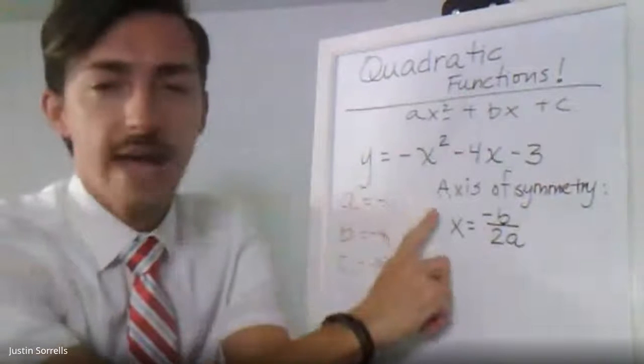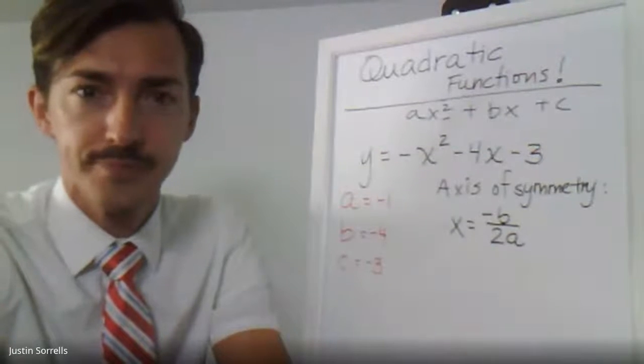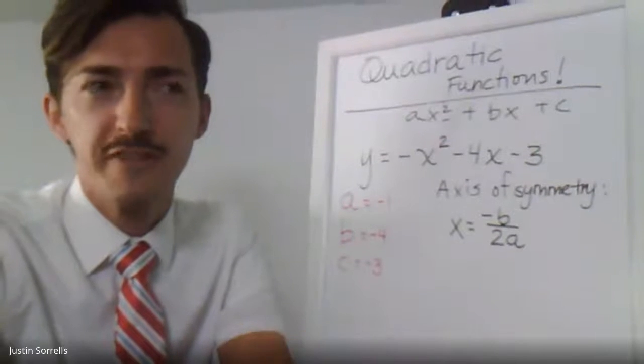Are you saying that the axis of symmetry helps us find the vertex? That's a question, but yeah. What do you think? I don't know. Well, yes or no? You have a 50-50 chance.